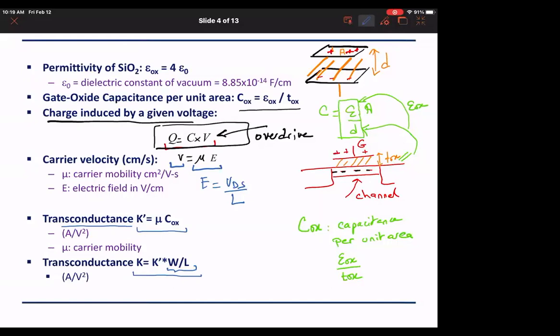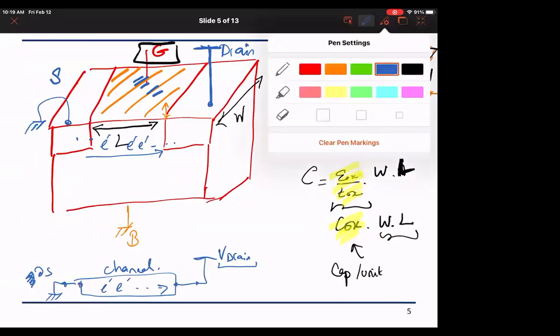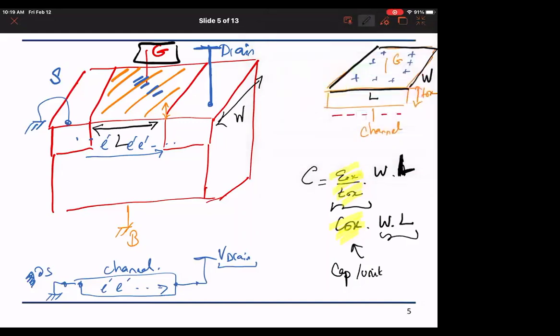Professor? Yes. Can you please repeat how we got the electric field and the formula? Yes. So if we look here, when I am applying a voltage across the channel, what is the length of the channel? L, right? So first I have the carriers, they formed from the gate voltage. And then I apply a voltage V across a material of length L. What is the electric field?